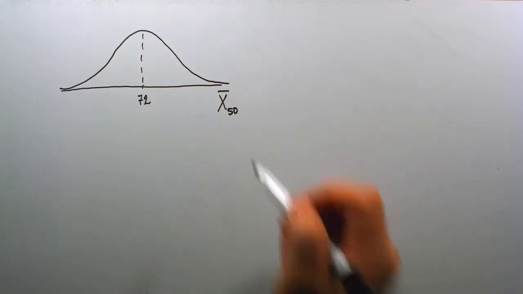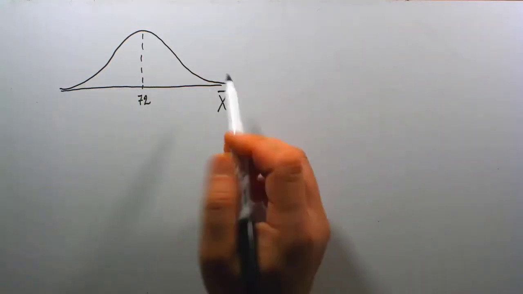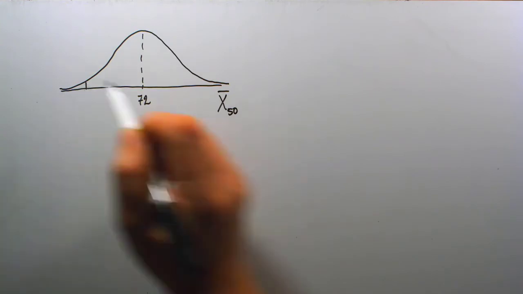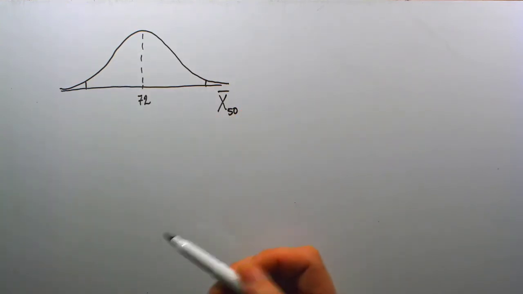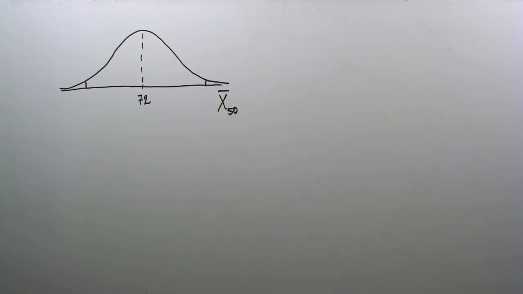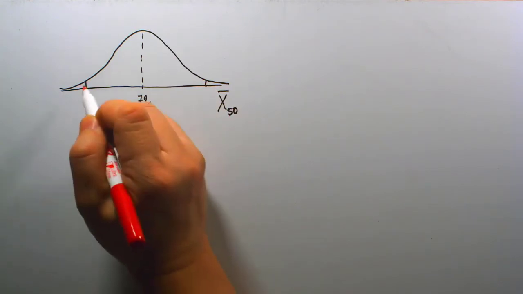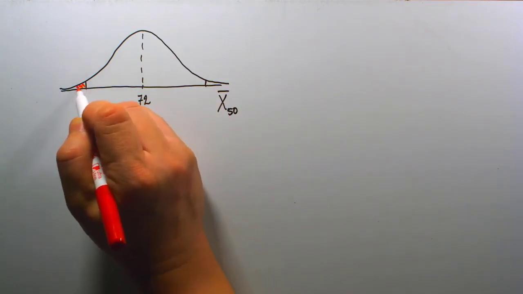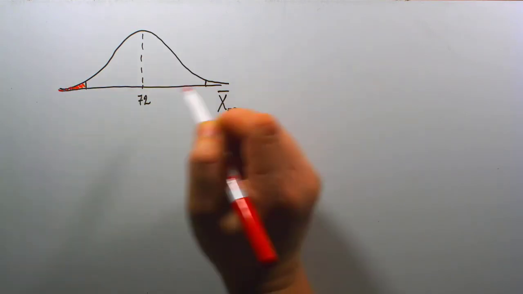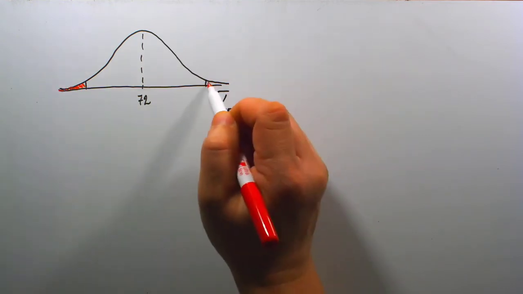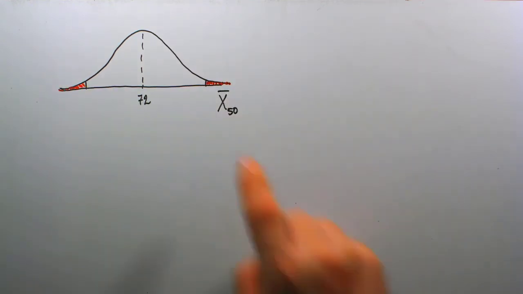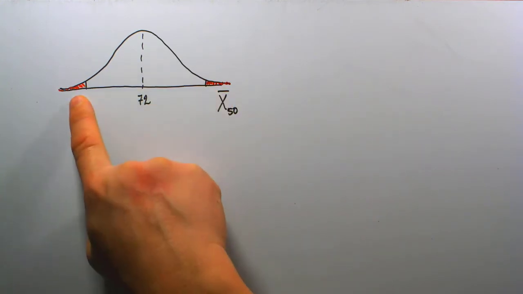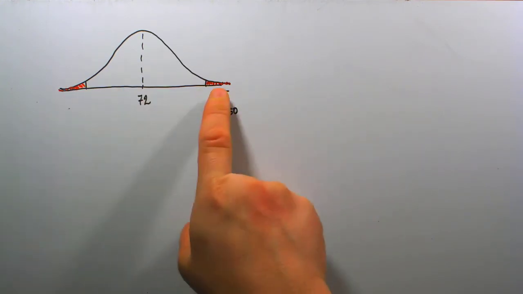And just like any other bell curve, this bell curve also has a common area, a big fat area in the middle, right around the center. And outside of that big fat area, we have 2 little areas where I'm shading in red ink right here, one to the left and one to the right. And these are referred to as the unlikely areas.